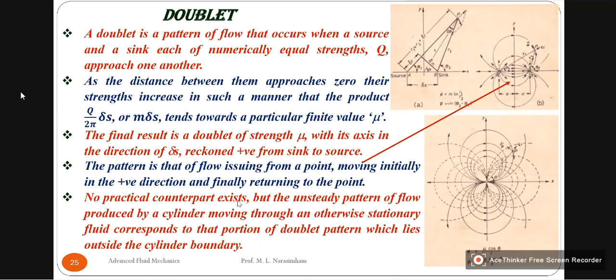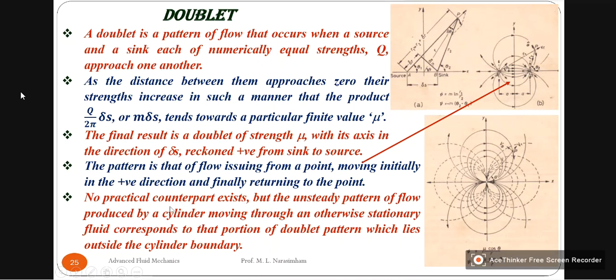But the reason why we study these is that the combination of this type of flow with some other standard patterns of flows will give us some more compound cases of flow patterns. So that is the reason why we theoretically consider the flow pattern, and we will try to obtain the values of phi and psi.